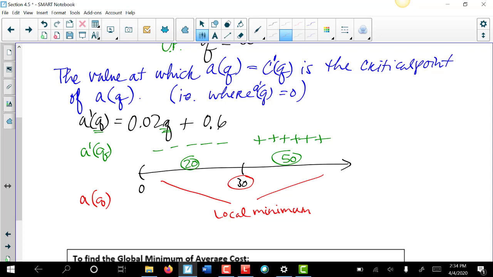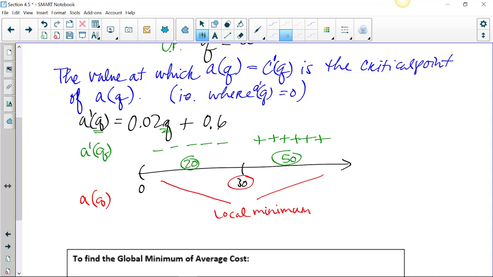Well, if you recall back to section 4.3, when we talked about if we only had one local extrema over the domain, meaning max or min, we have one local min.